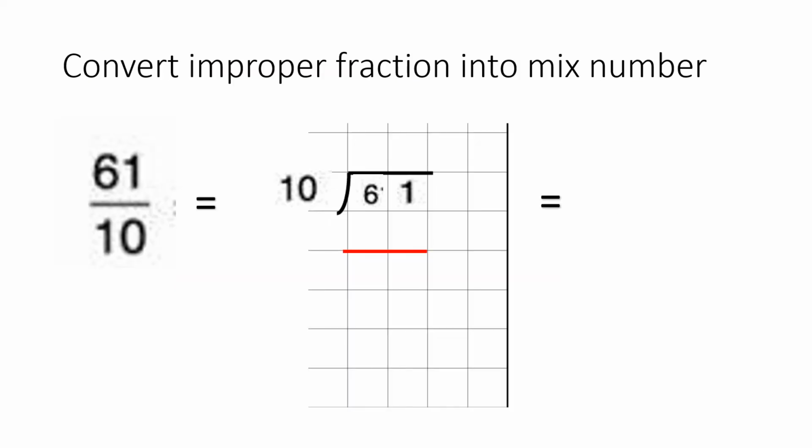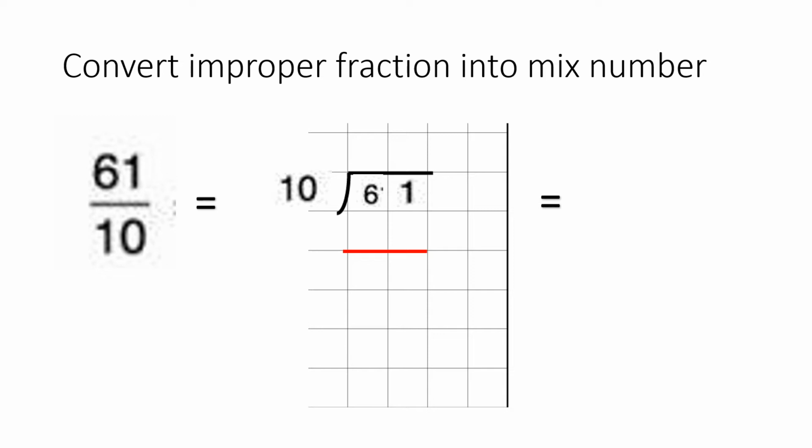Now here we try to convert improper fraction into mixed number. We have 61/10. Now 61 is the dividend. You have to put inside the box. 10 is the divisor which you need to put out. Now look at times table 10.